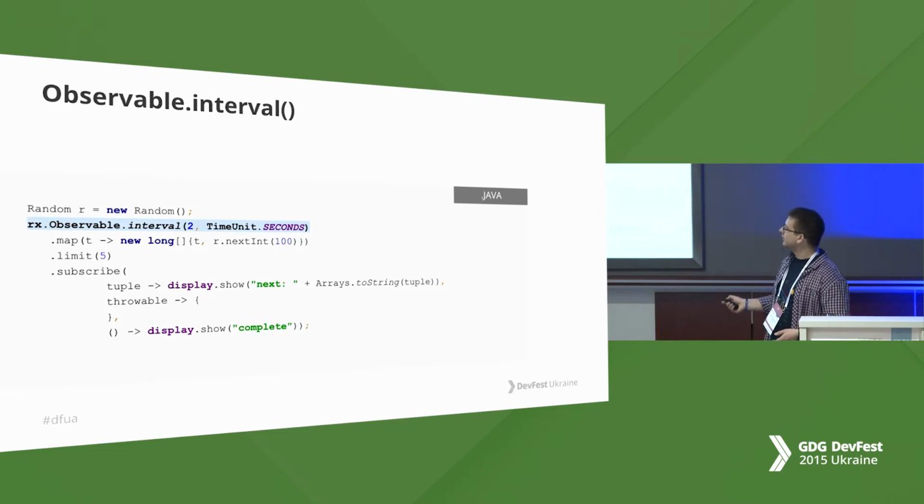In this example, it's maybe hard to read. Here we see that our time, t, is converted into a tuple, into an array of two values. One is the time, the moment at which we receive the event, and another is some random number. We limit this to 5 events only, and print values from this tuple.